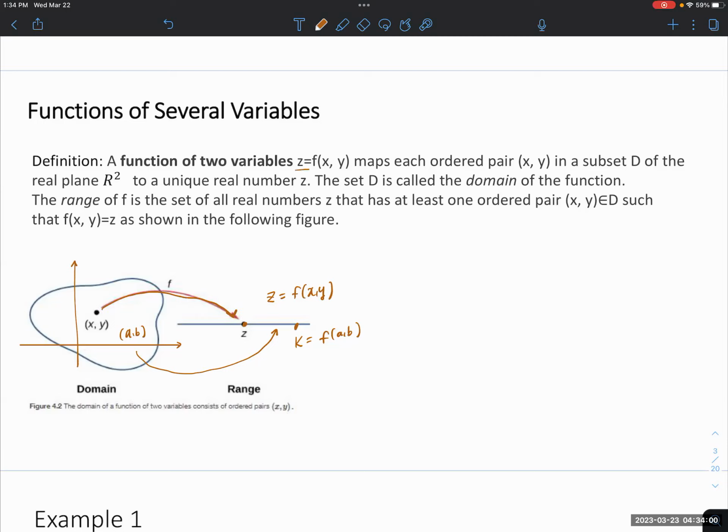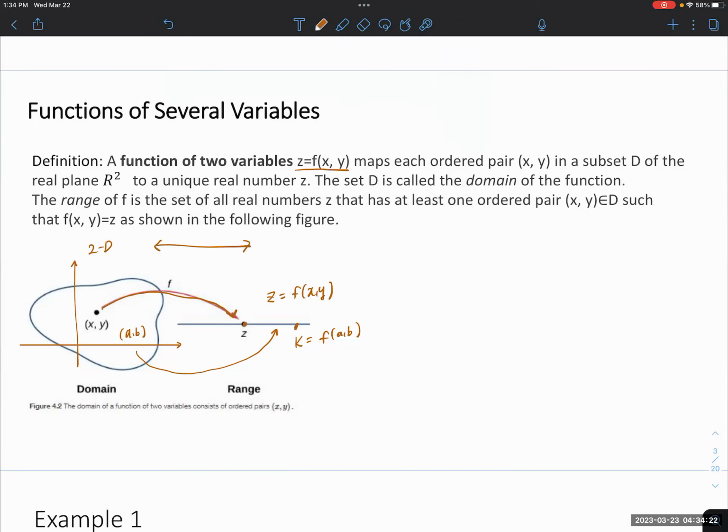Now I said z equal to f of x, y. This maps each ordered pair x comma y in a subset D of the real plane, the two-dimensional space. This is a two-dimensional space because we have two variables. And we have two relationships going, right? One is from the left side to the right side.